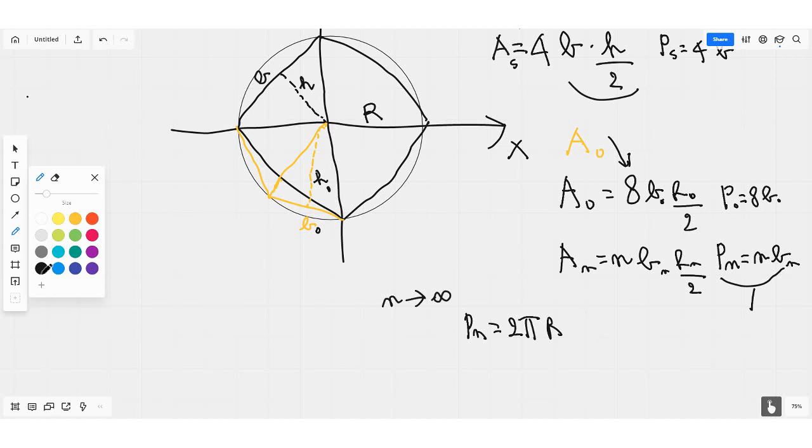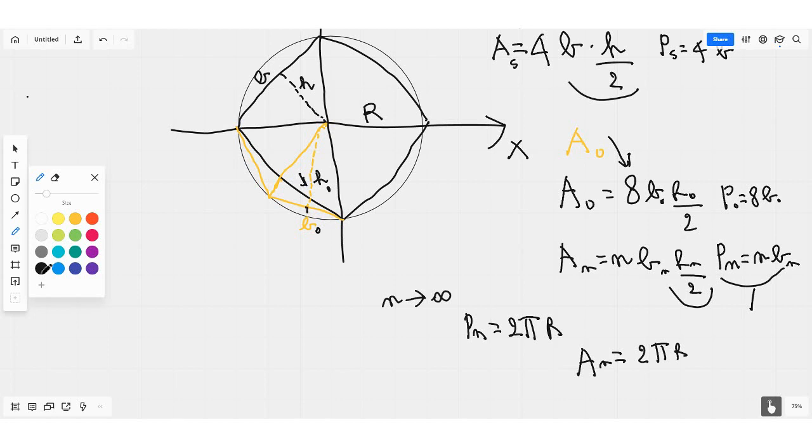So the area will be then n b_n, which is the perimeter, we can write 2 pi r. So what happens to h_n divided by 2? The height of this triangle will become closer and closer to the value of the radius.